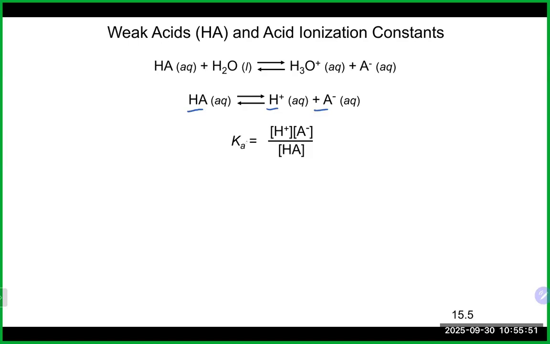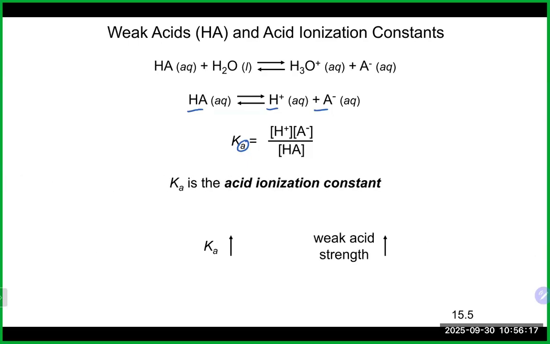And that is what is known as a Ka, adding to our big list of K values, Kc, Kp, Kw, now Ka. And it is still an equilibrium constant of products over reactants. Because it is still just an equilibrium constant, we still do not put in anything that's a solid or a liquid. It is still things that are aqueous or gas. And this is the equilibrium constant for a weak acid.